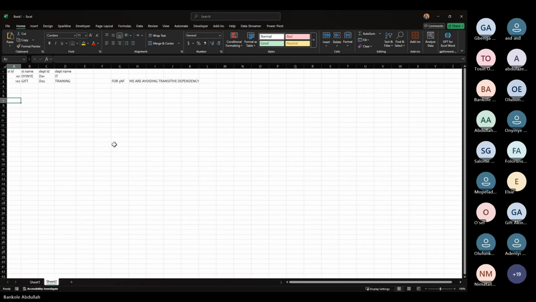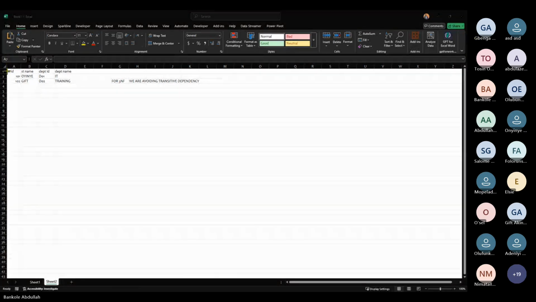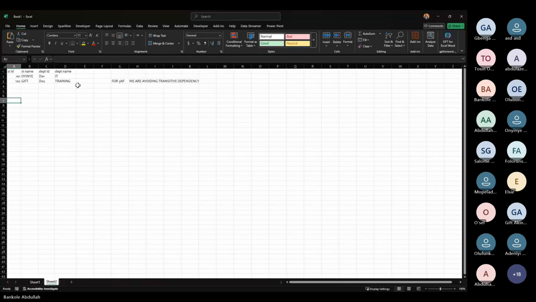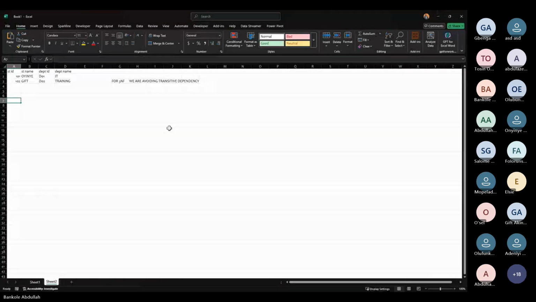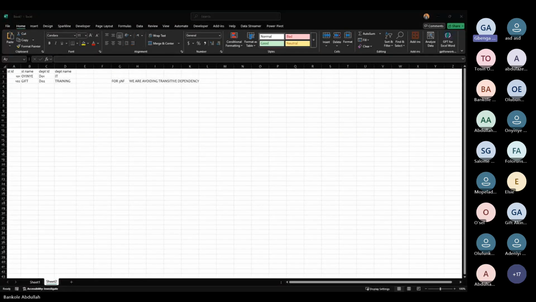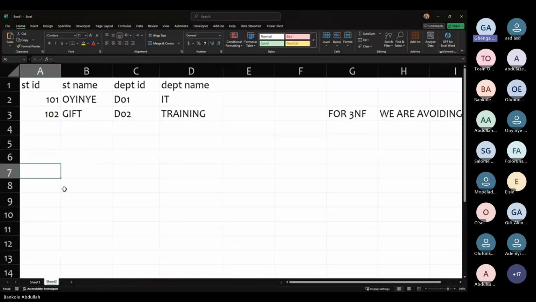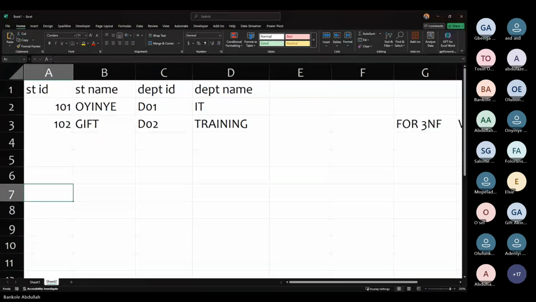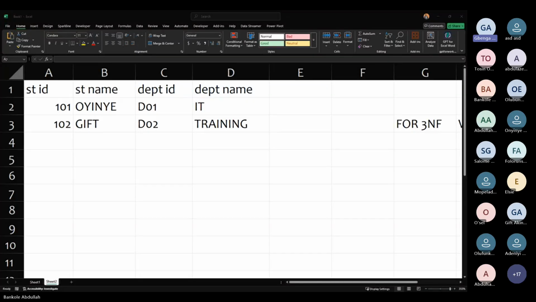Tell me the non-key columns that are here in these 4 columns. So Macaulay, please zoom in a little so that this can become bigger. Yeah, thank you. What are the non-key columns within these 4 columns that we have here? Let's start from there. The department ID. Non-key columns. Non-key.